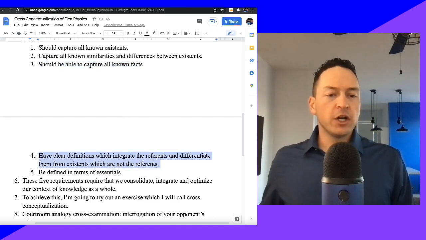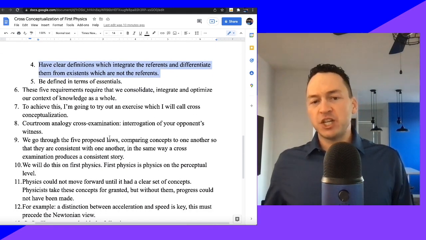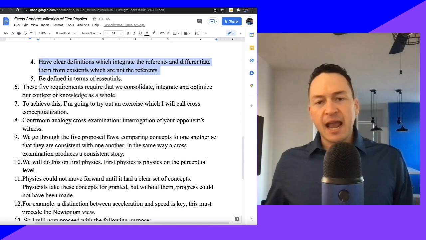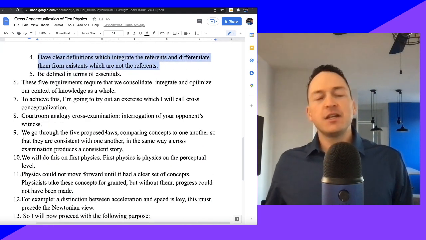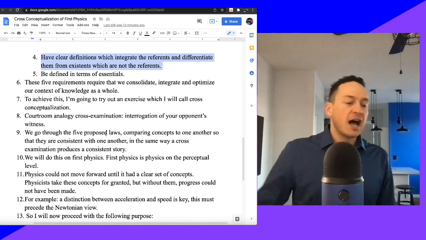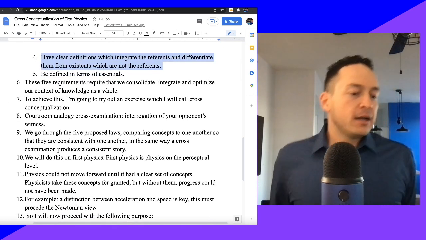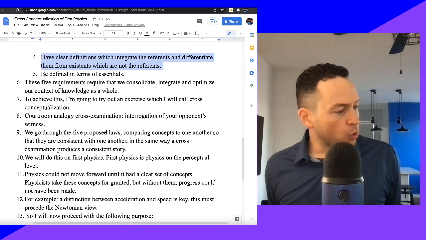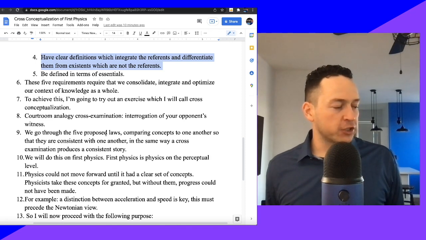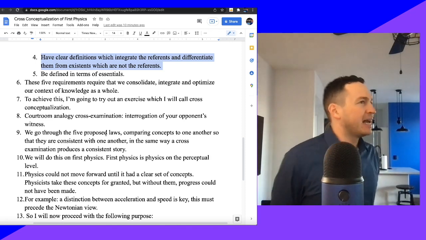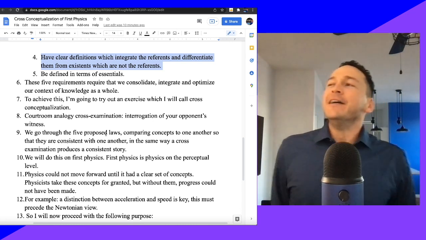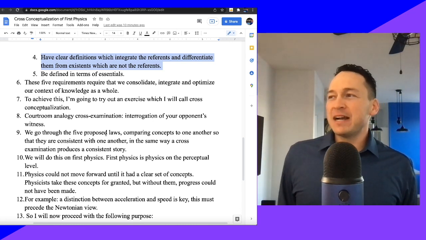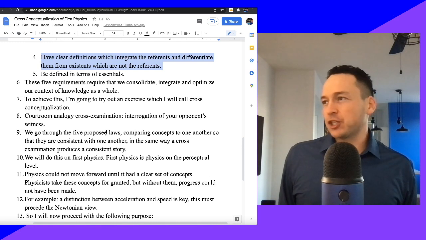What else? We also want to have clear definitions which integrate the referents and differentiate those referents from existents which are not referents. So, for example, Ayn Rand defined morality as rational self-interest. Or I'm not sure, but that might be the way of doing it. So here's why you might define morality as rational self-interest.